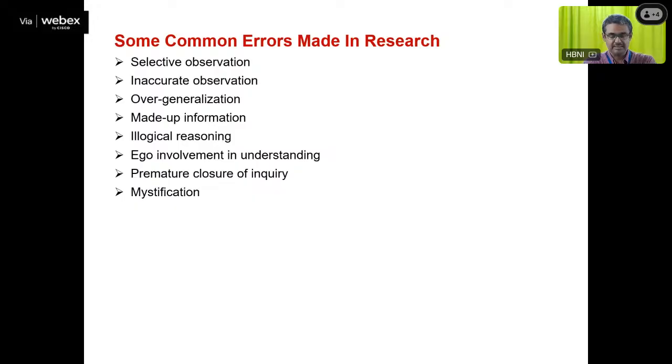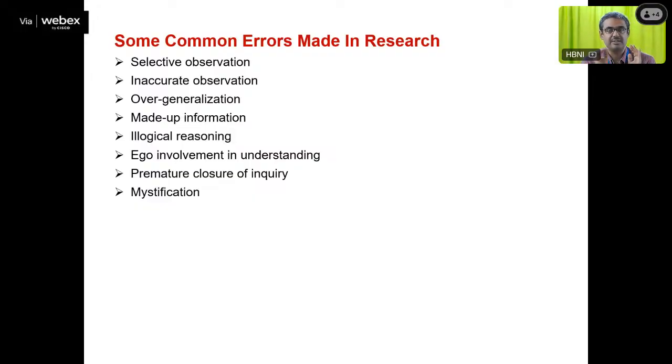But what are some common errors made in research? Selective observation. This is where the doctoral committee meetings help, as I have observed through my experience. Our thought process generally goes in one direction, and we observe the data in a selective way.